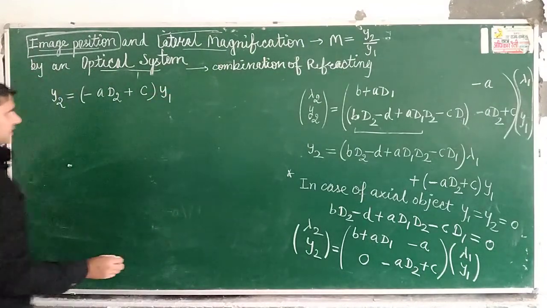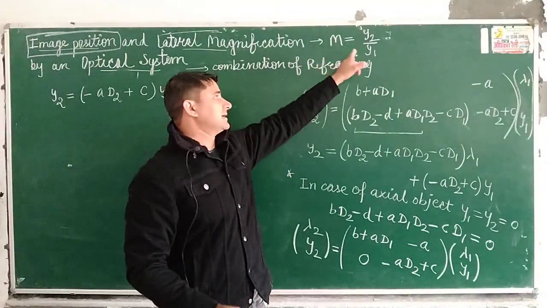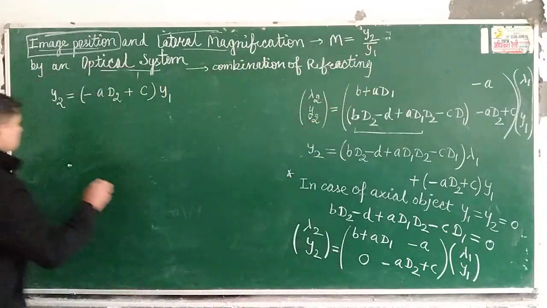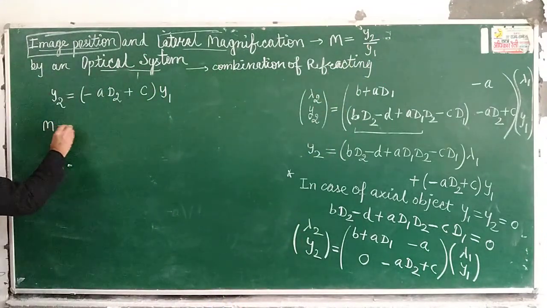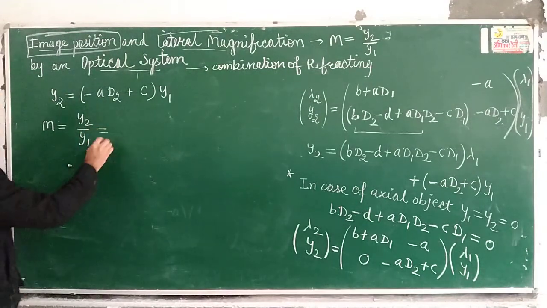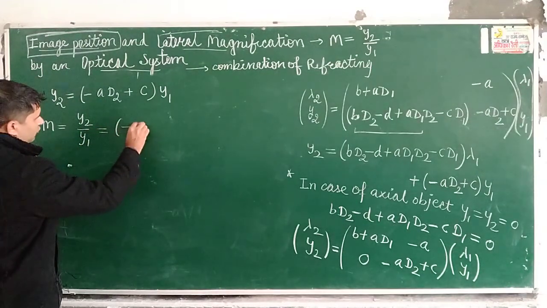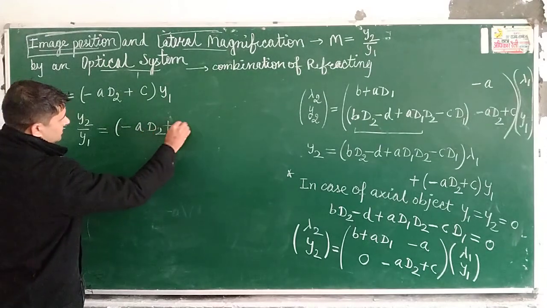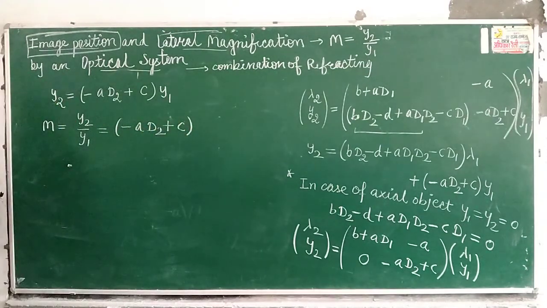Okay, and from here we are to find what? Magnification, that is the ratio of y2 and y1. So from here you can write the magnification is y2 by y1, and this will be equal to minus of a d2 plus c. Okay, so this is the thing.